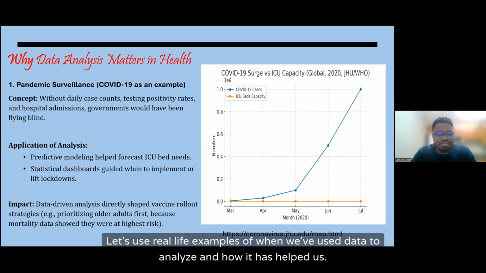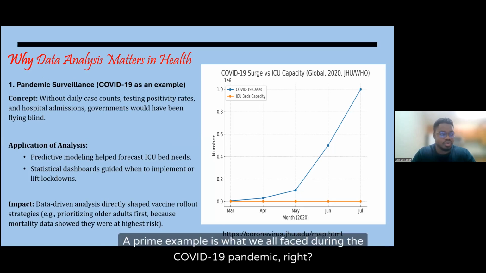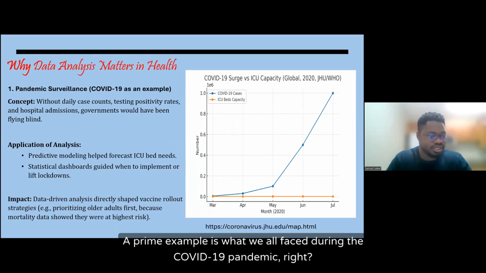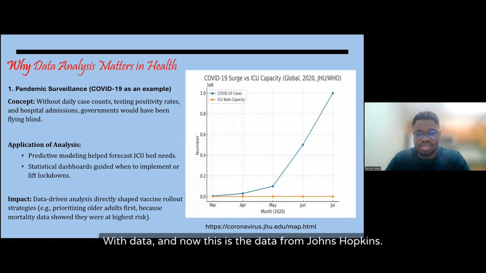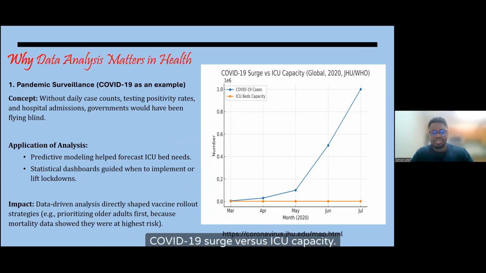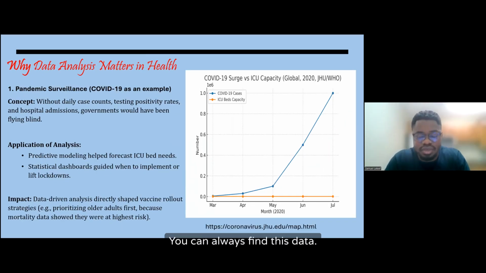Let's use real life examples of when we've used data to analyze and how it has helped us. A prime example is what we all faced during the COVID-19 pandemic, right? With data, and now this is the data from Johns Hopkins, COVID-19 surge versus ICU capacity. You can always find this data. The link is down here.